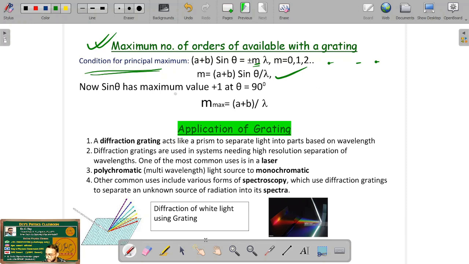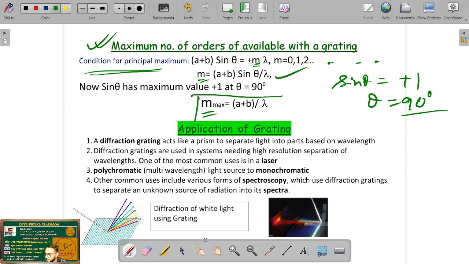Now sin theta has a maximum value of plus 1 at theta equals 90 degrees. So m max would be a plus b by lambda. So the total maximum number of orders for that grating is m max equals a plus b by lambda, that is, d by lambda.